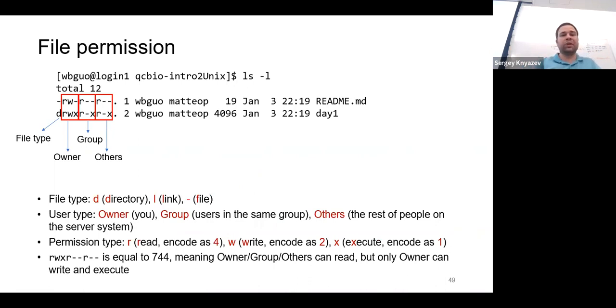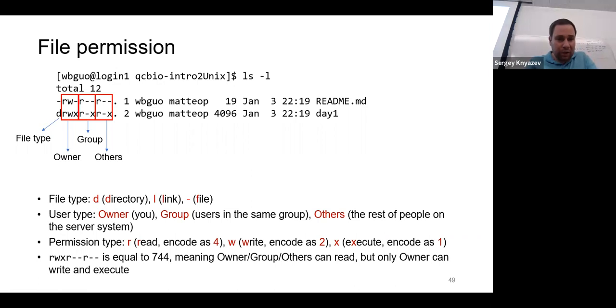On the slide you see there is a third type of file that is a link. I don't want to discuss it yet because we do not use it. It says it's link, so we are going to touch it later.